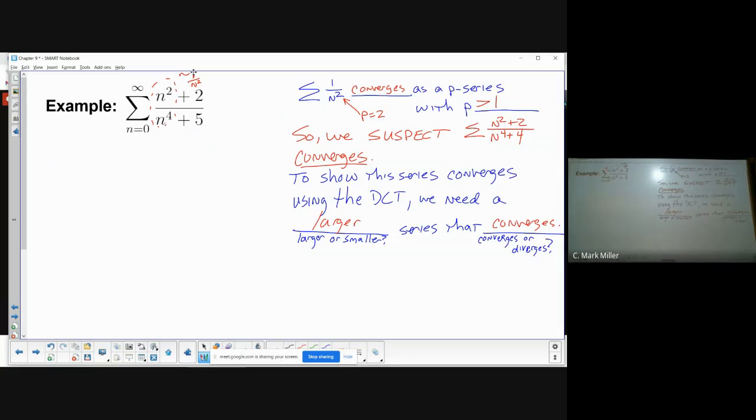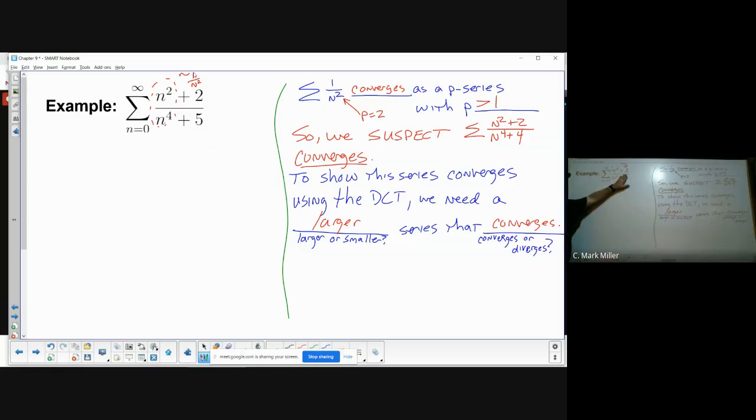So I'm looking at my series here. How could I make this slightly bigger? Get rid of that 5. That would be one way. If I get rid of the 5, I make it smaller since it's added, right?